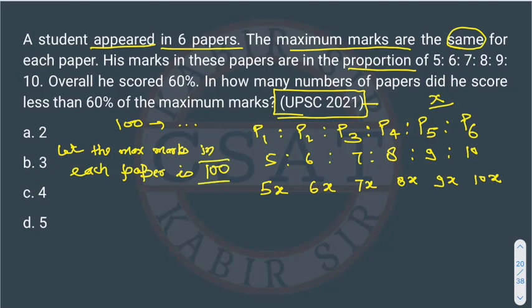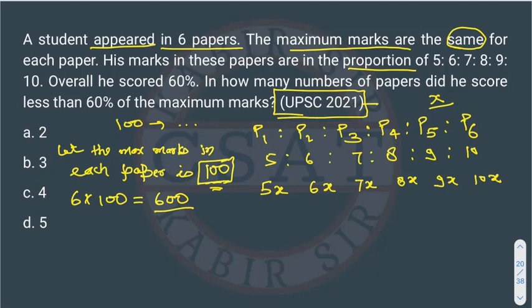Why are we considering 100? Because in percentage the calculation will be easy if we consider a value that is a multiple of 100. You can consider any value, 200, 300. So total subjects are 6 and each subject has 100 marks, so the total marks will be 600, right? I hope you understood till here.